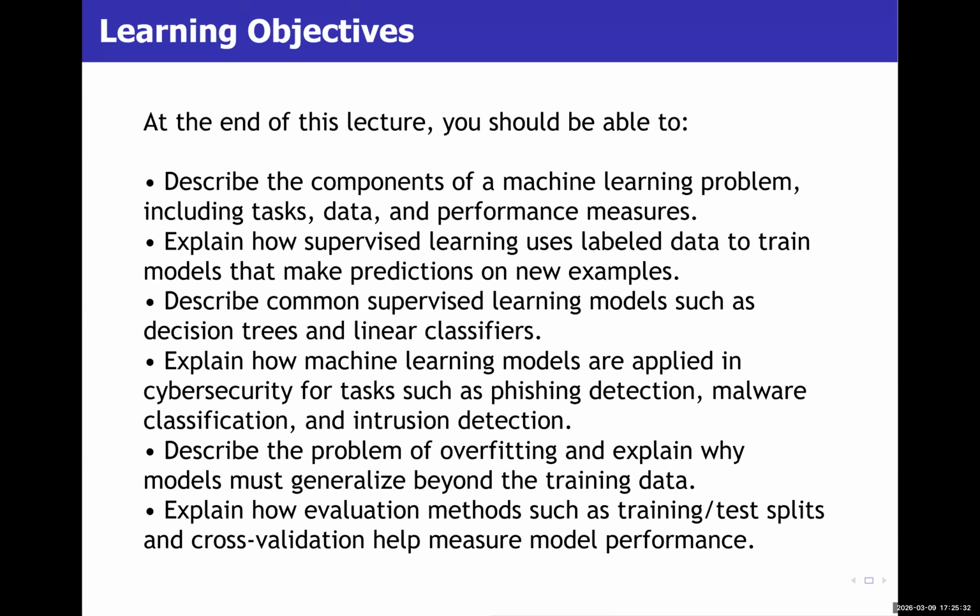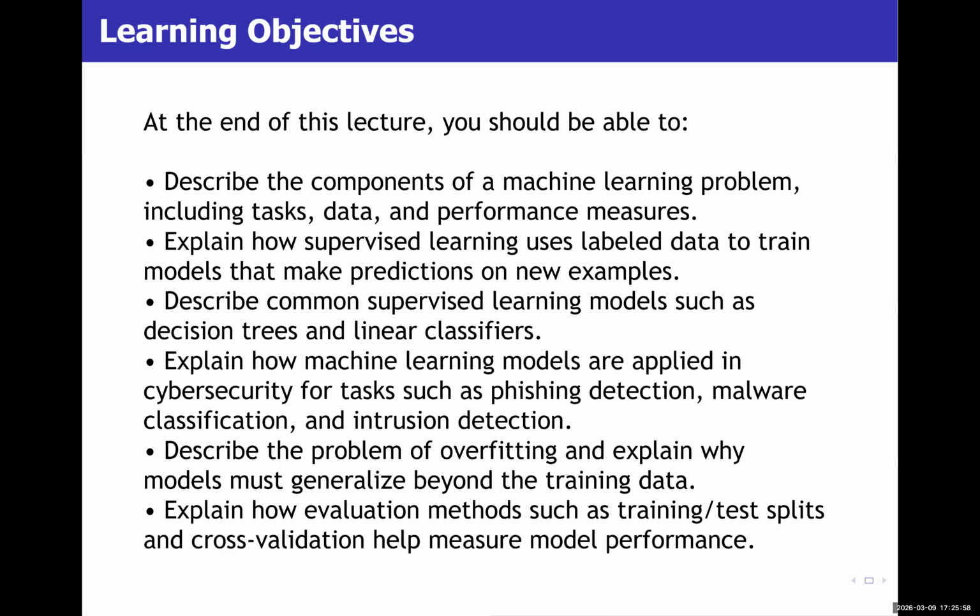These models appear frequently in real-world systems, including tools used for phishing detection, malware classification, and intrusion detection. The goal is not to make you into machine learning engineers today, but to help you understand how these systems work conceptually so that you can reason about them as cybersecurity professionals.